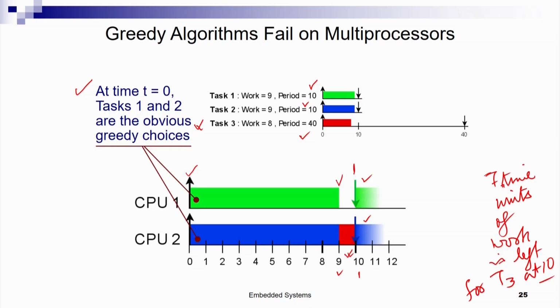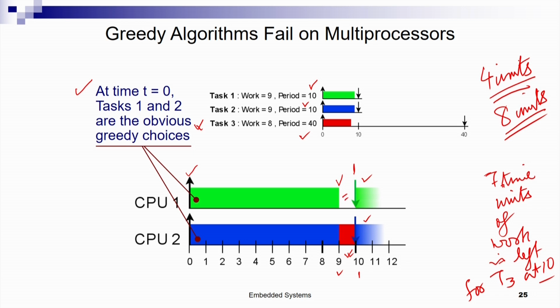It will get another chance at 29 and another at 39. But by 40, T3 will only complete 4 units of work, while it needs to complete 8 units of work.